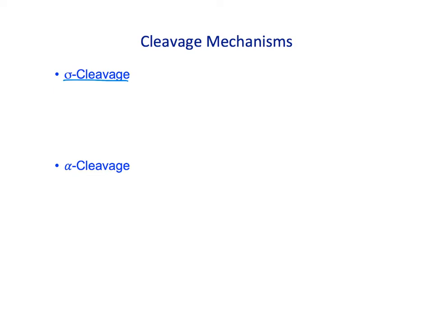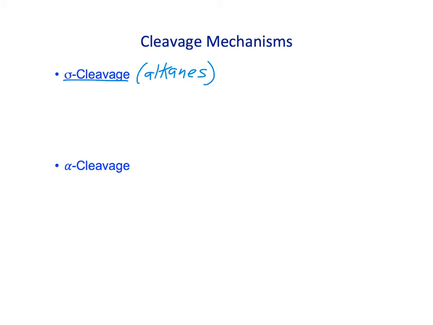The only place that we see this sigma cleavage is for alkanes, because it's quite high energy to ionize and cleave a carbon-carbon sigma bond. And if we have some other functional group where we have either non-bonding electrons or pi bonds, those are going to trigger the cleavage.